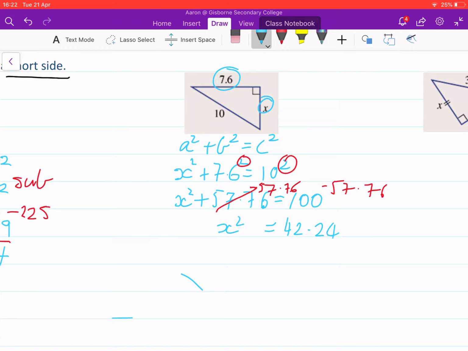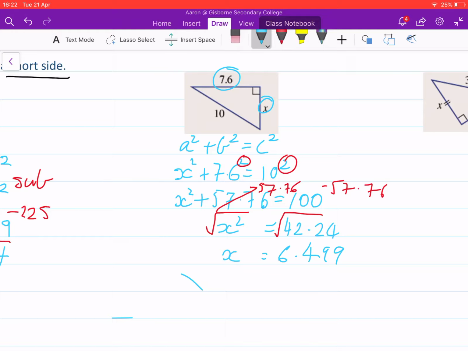which is x squared. Okay, so if we know that x squared is equal to that, we can square root both of those. Now, square root of x squared is simply x, and then the square root of 42.24 is equal to 6.499.